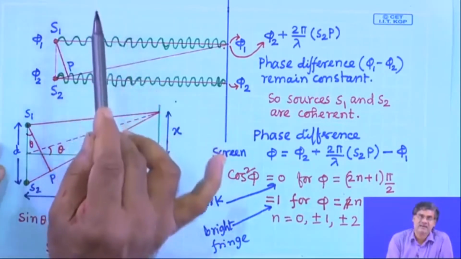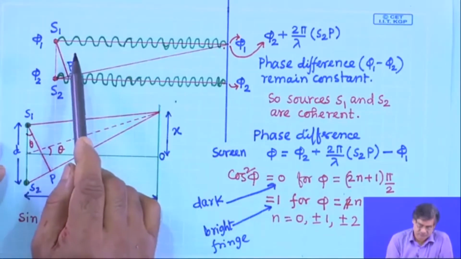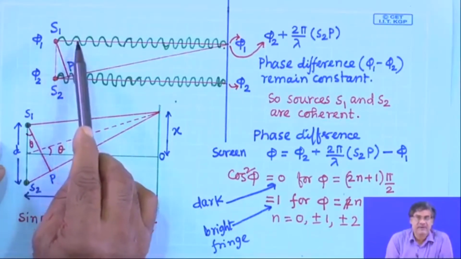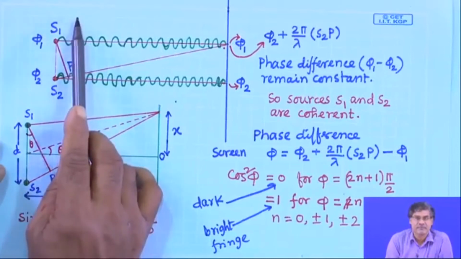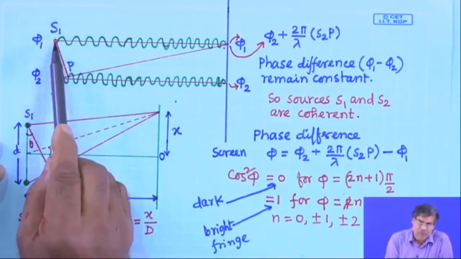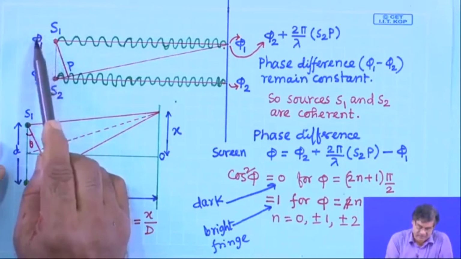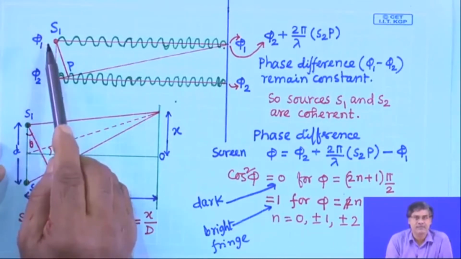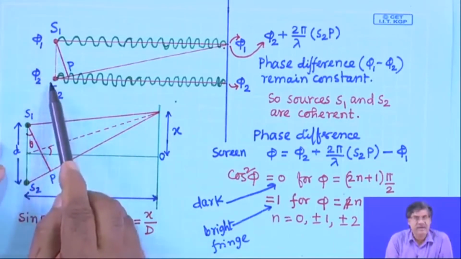Wherever the direction, it does not matter, their frequency and wavelength will remain the same, and its phase at this point will remain the same for all time, that will be phi 1, and here phi 2.